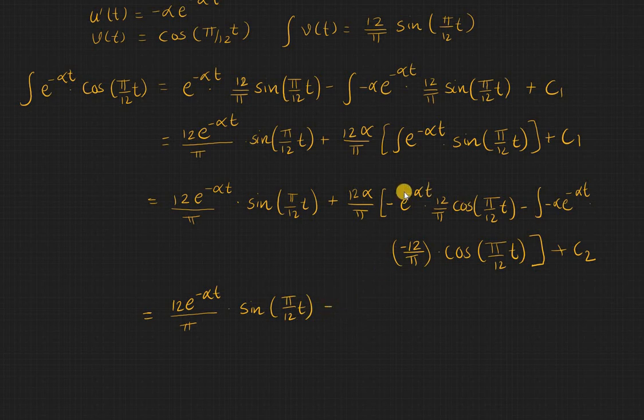So we are having this minus sign because of this minus, and we are taking 12 by pi outside the bracket, so it will be 144 alpha divided by pi square into e to the power minus alpha t into cos of pi over 12t.